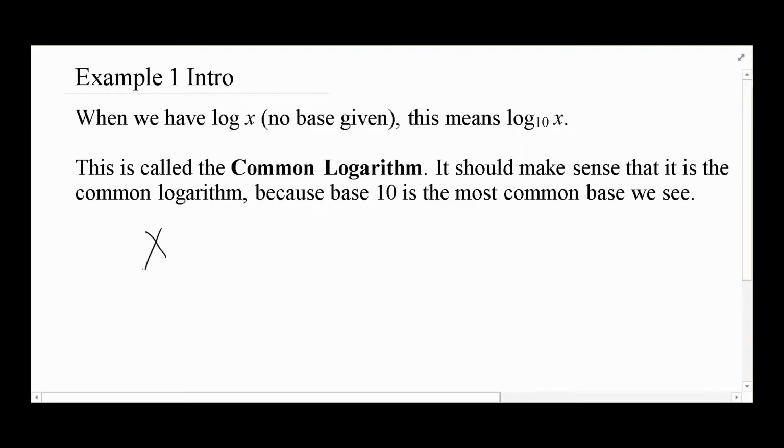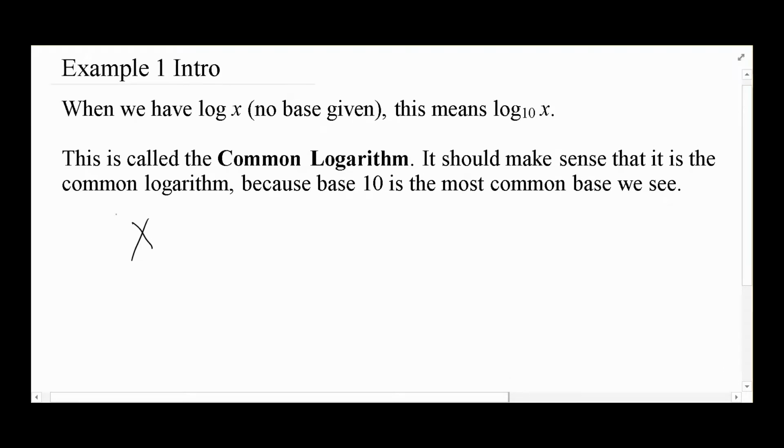When I just say x, I don't write a coefficient of 1. I just assume it's there. Similarly, I don't write an exponent of 1. I just assume it's there. And similarly, when I have a square root, I don't write an index of 2. I just assume it's there.